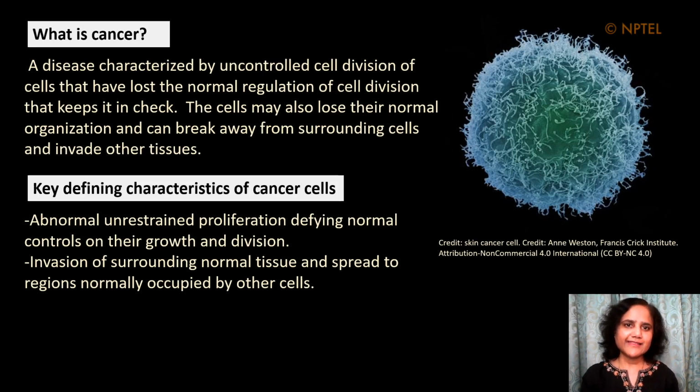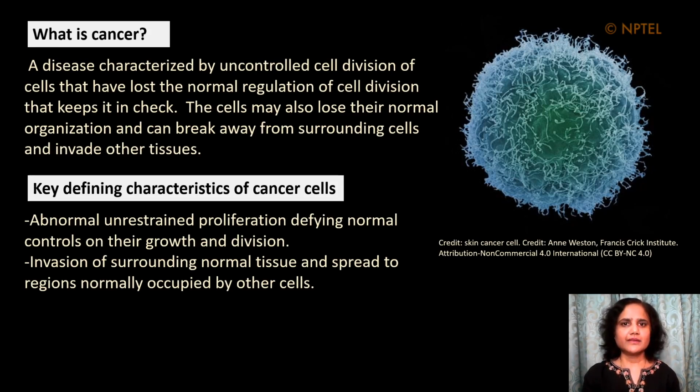So what is cancer? Cancer is a disease characterized by uncontrolled cell division of cells that have lost the normal regulation of cell division that keeps it in check. The cells may also lose their normal organization and they can break away from the surrounding cells and invade other tissues.